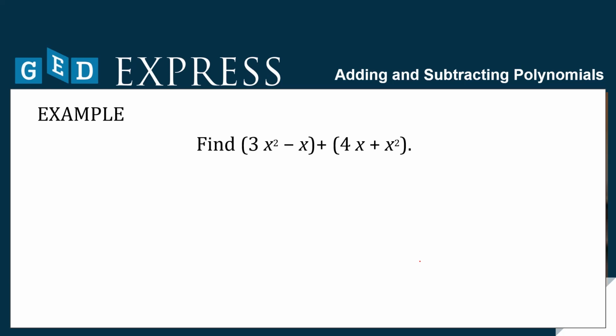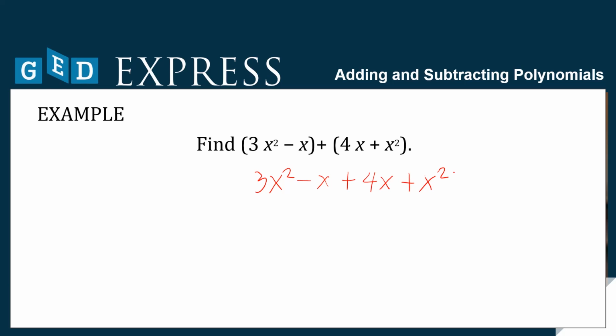So we can drop the parentheses. Then we have 3x to the power of 2 minus x plus 4x plus x squared.